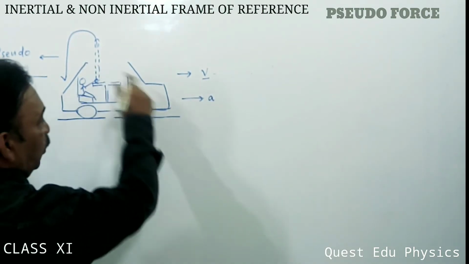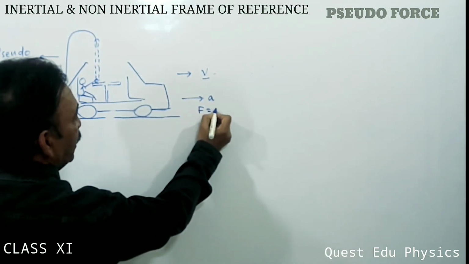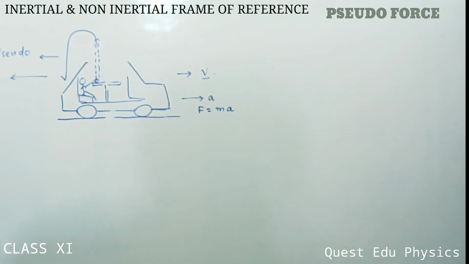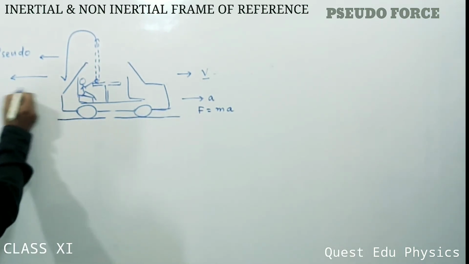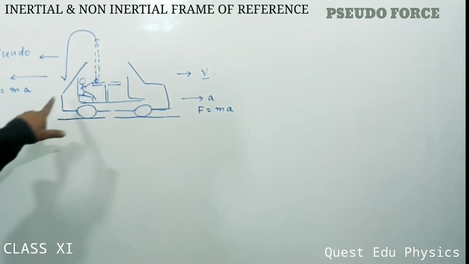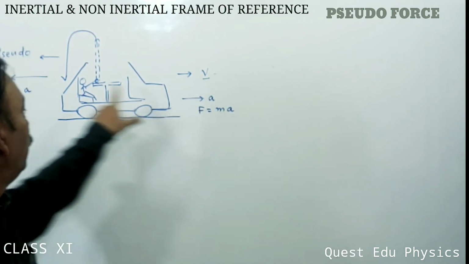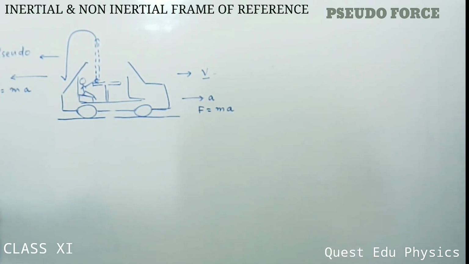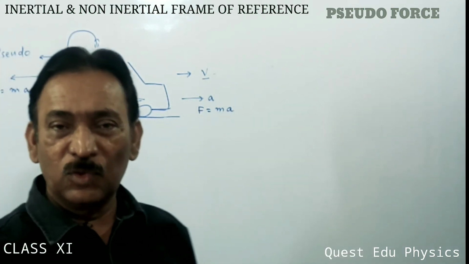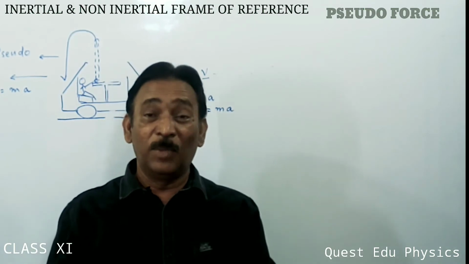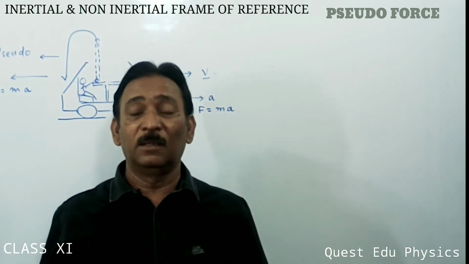Let this body be experiencing a force of ma in forward direction, then the pseudo force will act in the opposite direction, which is equal to ma. Think, if the acceleration is in forward direction, the pseudo force will act in the opposite direction. It is the concept of the pseudo force, students. Actually, this force doesn't exist, but it appears to be.